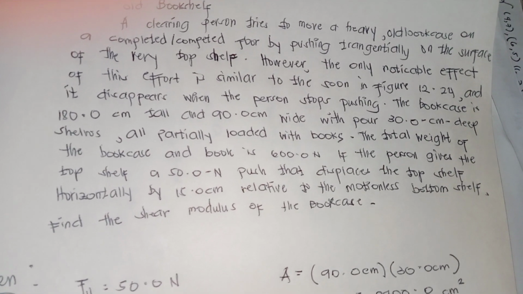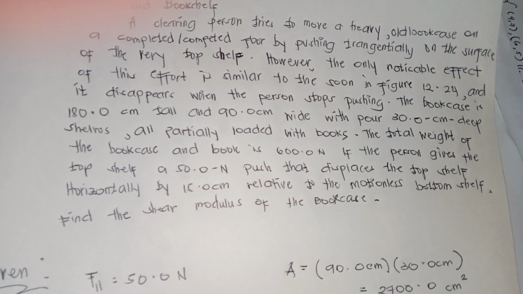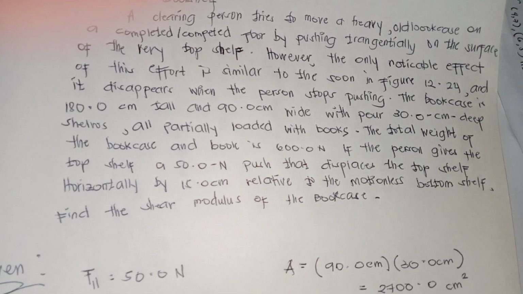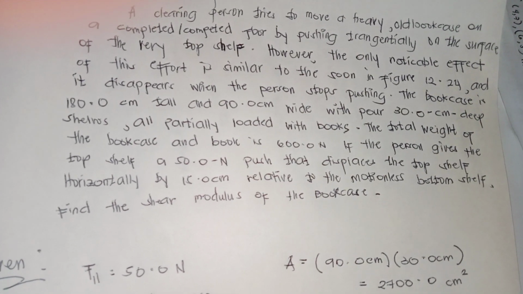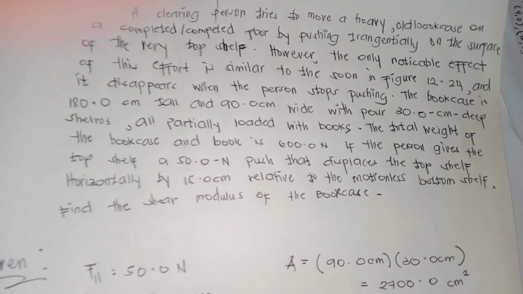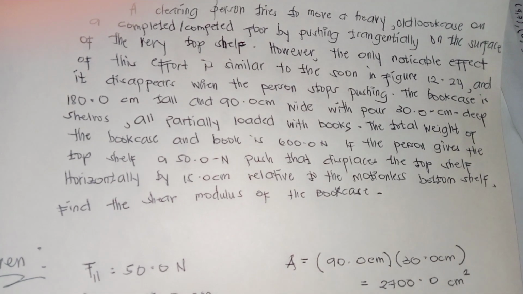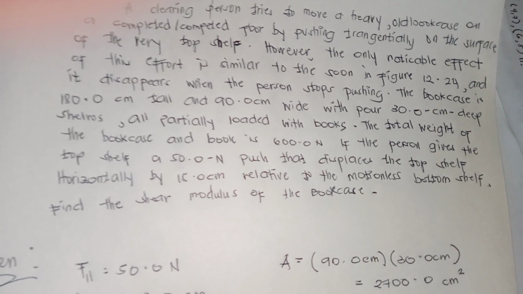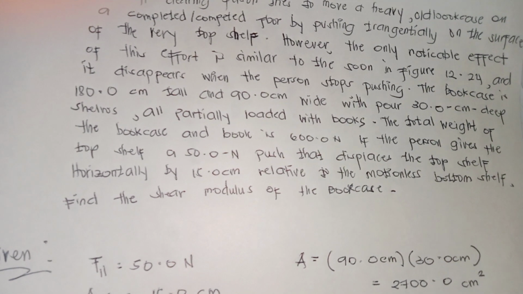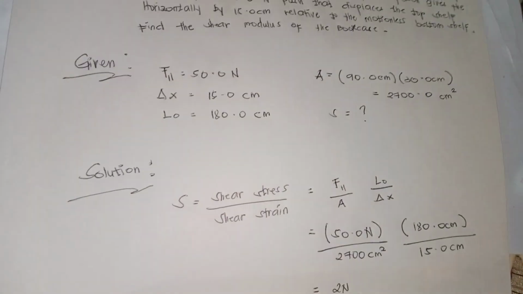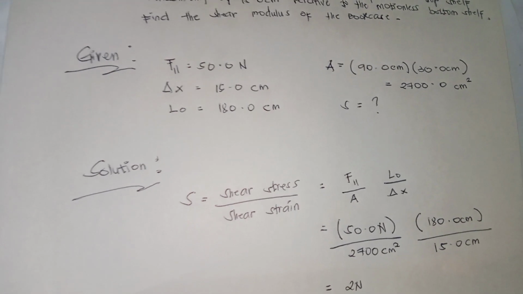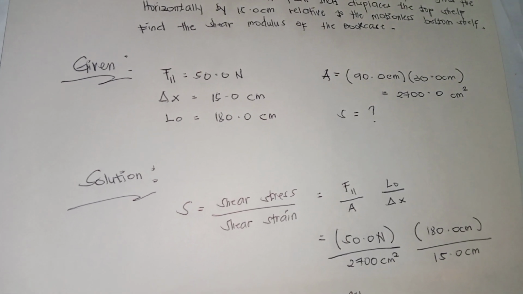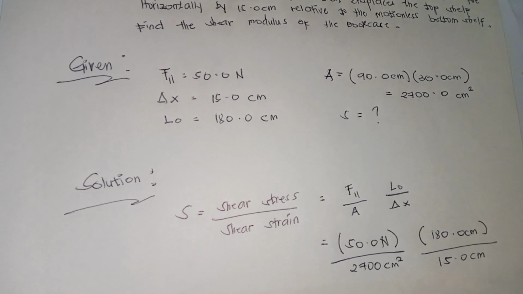If the person gives the top shelf a 50.0 newton push that displaces the top shelf horizontally by 15.0 centimeters relative to the mounting, find the shear modulus of the bookcase. So the given is F, or the tangential force, which is 50.0 newtons.